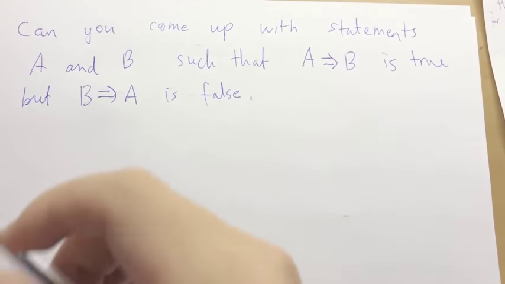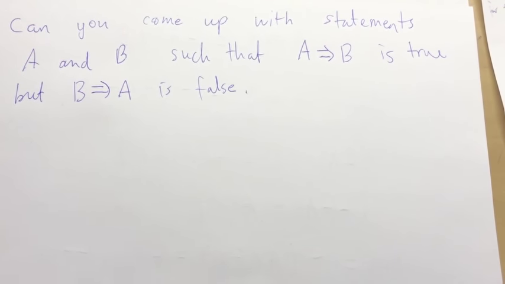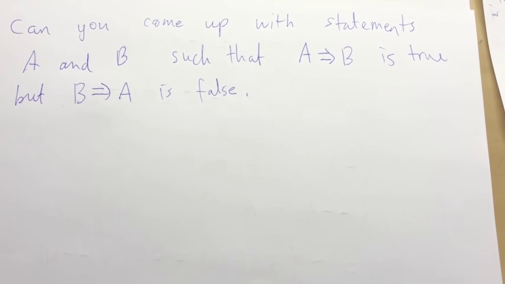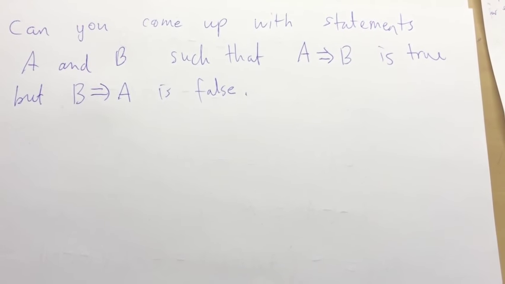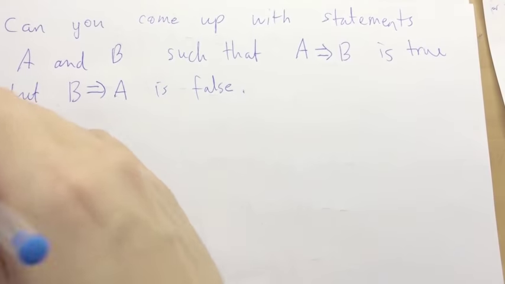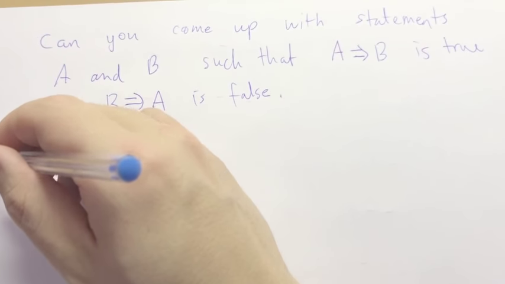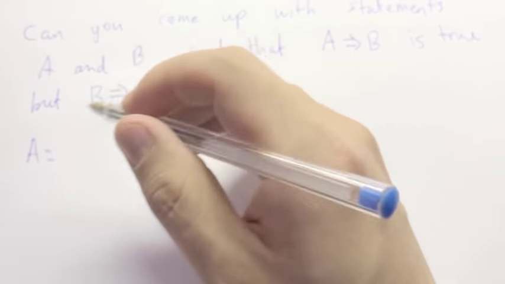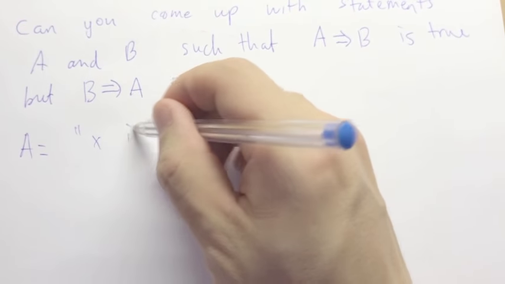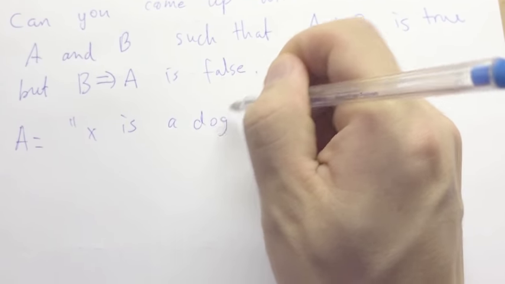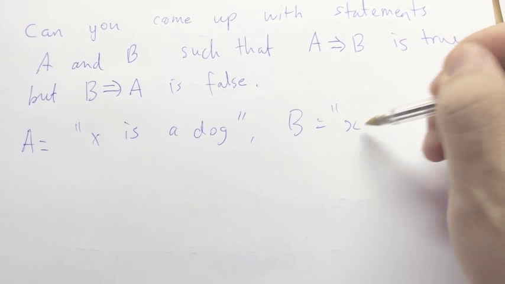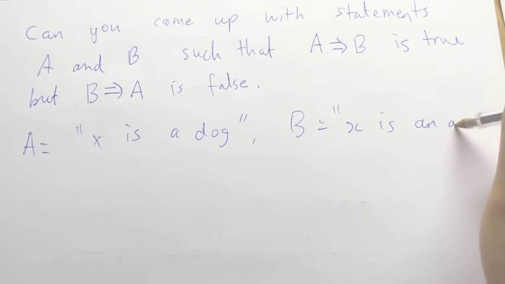Basically just guess something where A implies B is true, and then see if B implies A is true. So A equals X is a dog, B equals X is an animal.